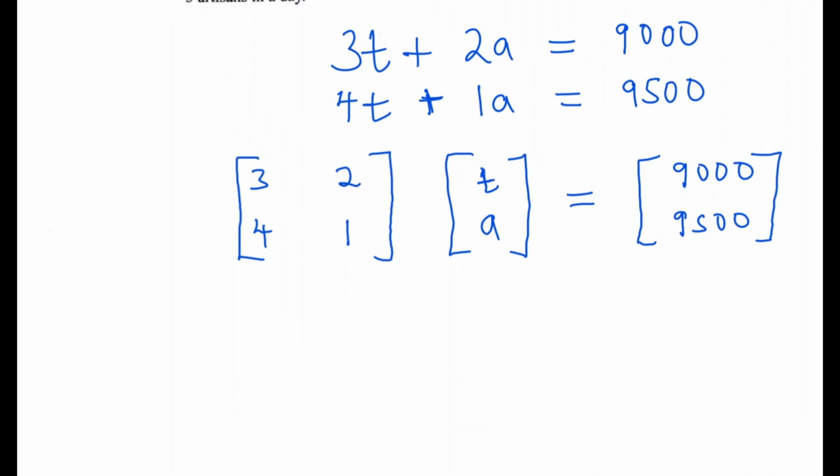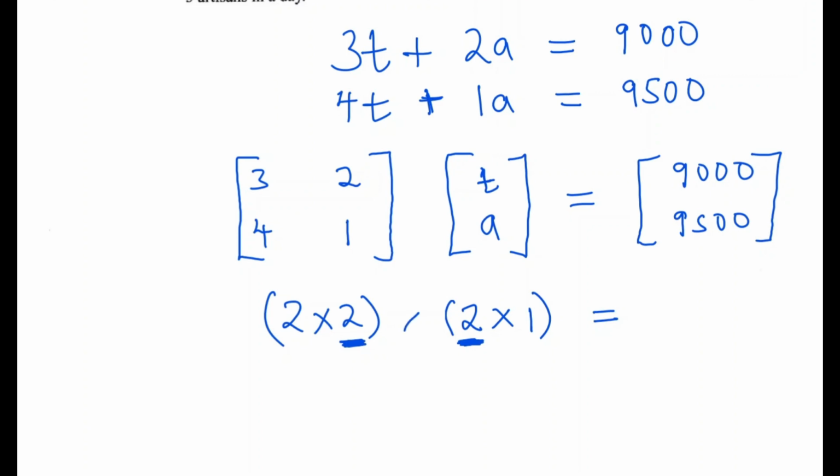Remember, when multiplying matrices, we need to know the order of the matrix. This here had 2 rows and 2 columns, so it's a 2 by 2 matrix. The second matrix had 2 rows but only 1 column, so it's a 2 by 1 matrix. When we multiply a 2 by 2 matrix with a 2 by 1 matrix, we see that the number of columns in the first matrix is equal to the number of rows in the second matrix.